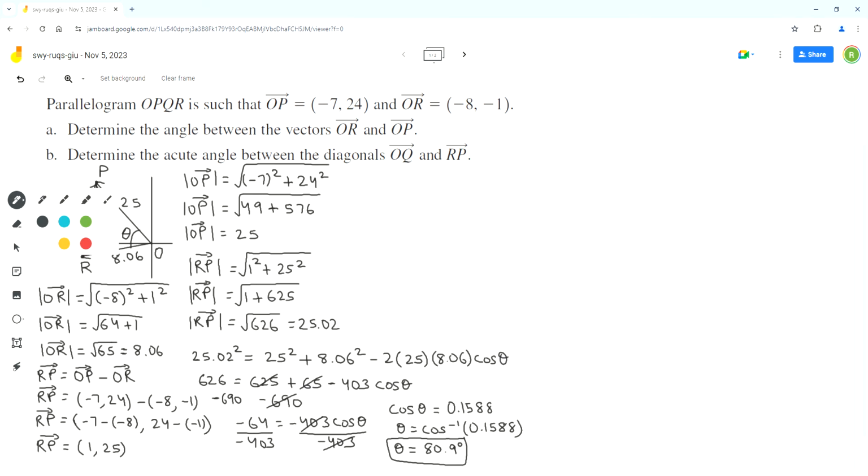Now we can analyze part B. Determine the acute angle between the diagonals OQ and RP. So let's start by drawing the diagonals in the parallelogram. So we can start by sketching the parallelogram.